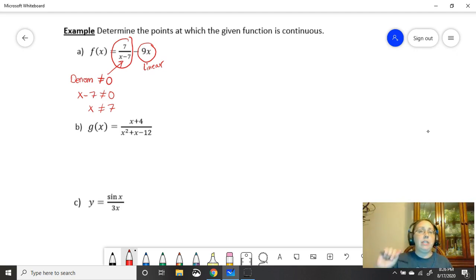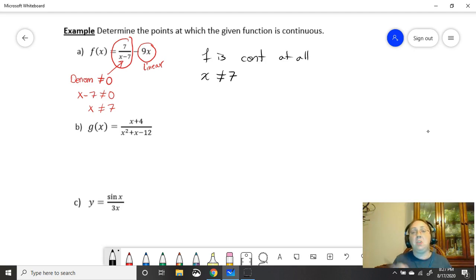All the individual pieces were continuous, but when we put them together, we caused a problem point, the x equals 7 point. So if I were to write this out, f is continuous at all x's not equal to 7. So anywhere except that x value, this function's continuous. So first of all, watch out for denominators. Denominators cause problems.